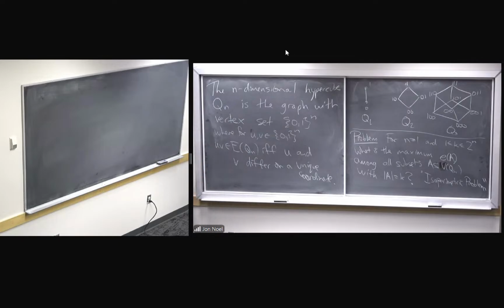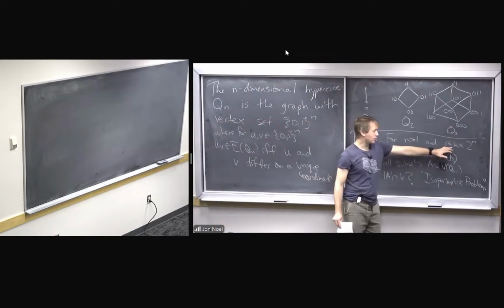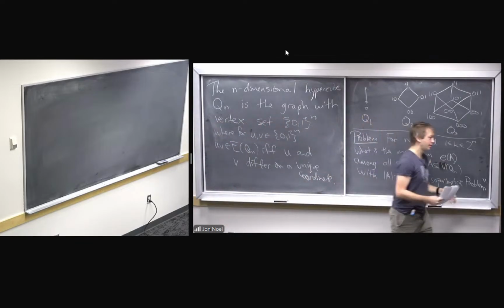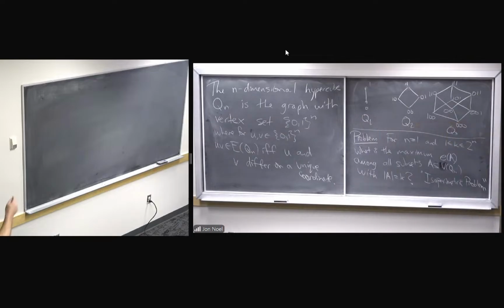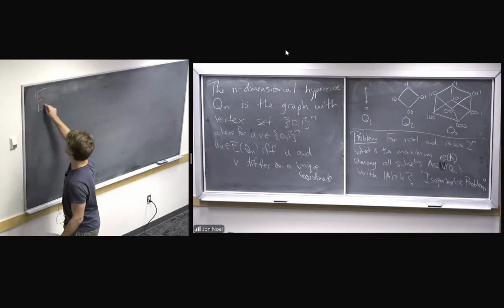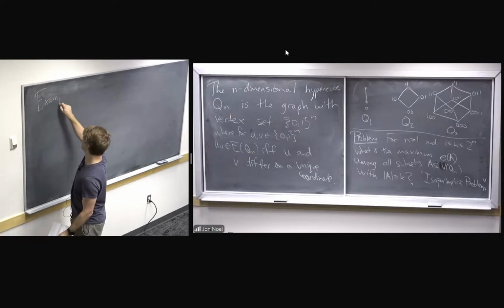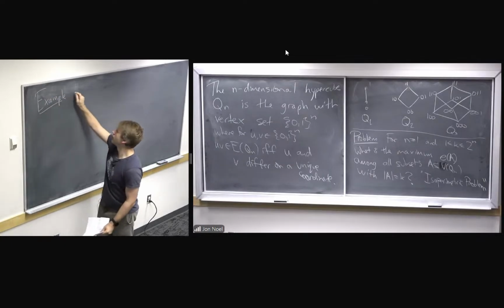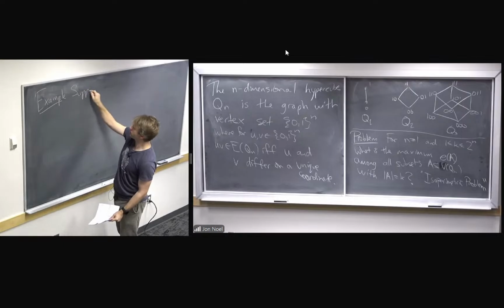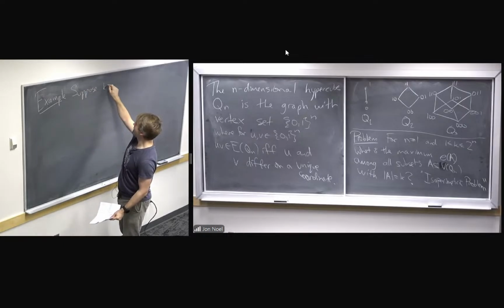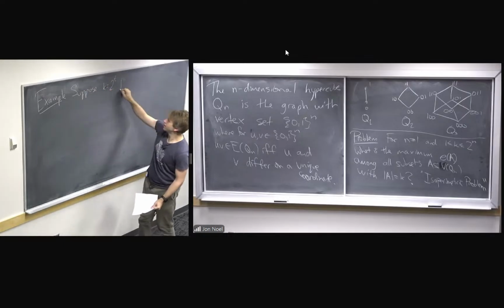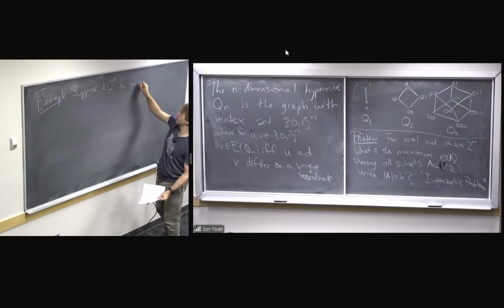So it's not really clear what the right strategy is for this. But if k is a power of 2, there is a natural construction. So suppose k has the form 2^t for some t at least 0.